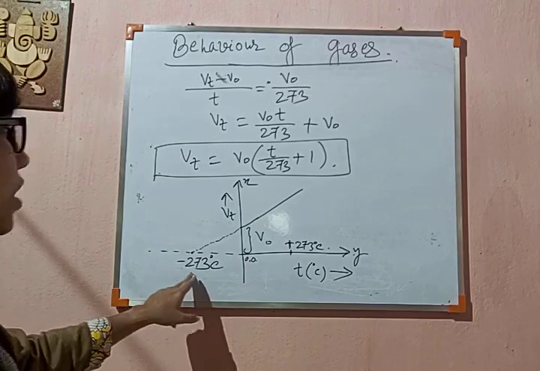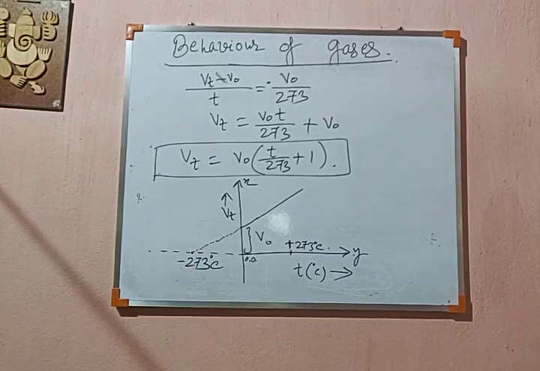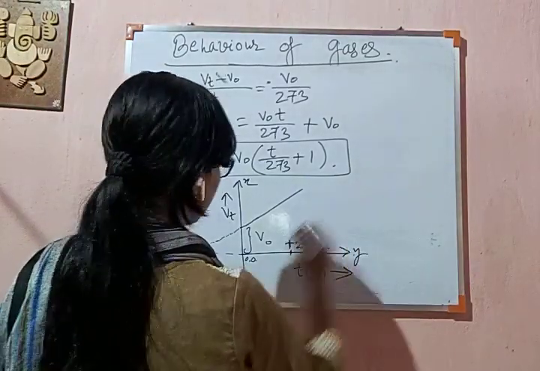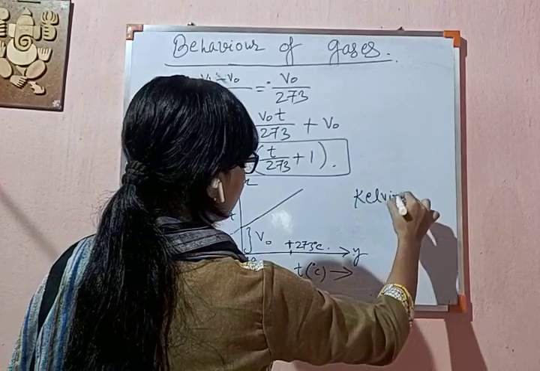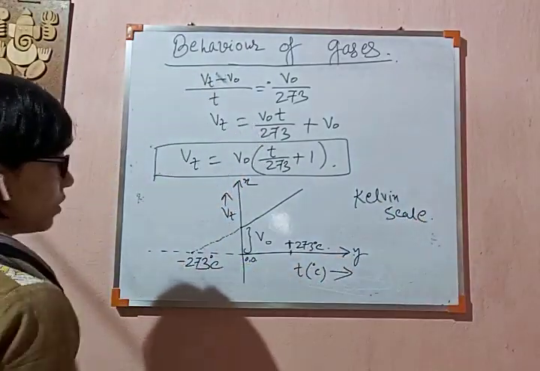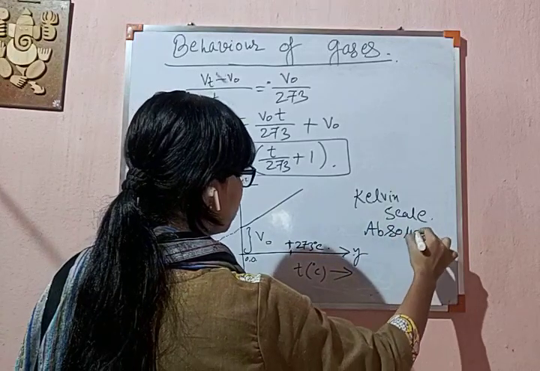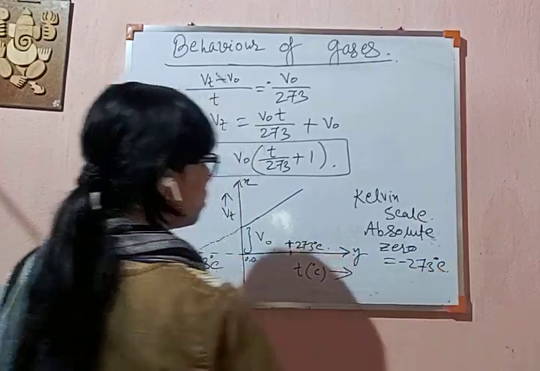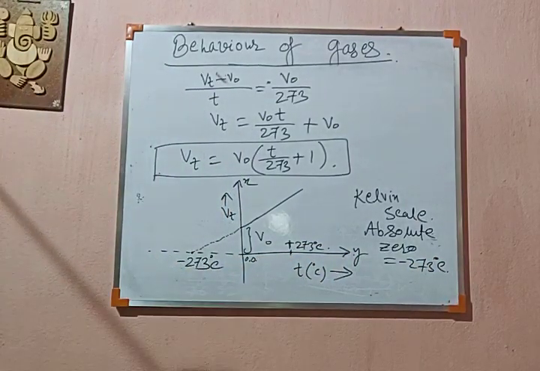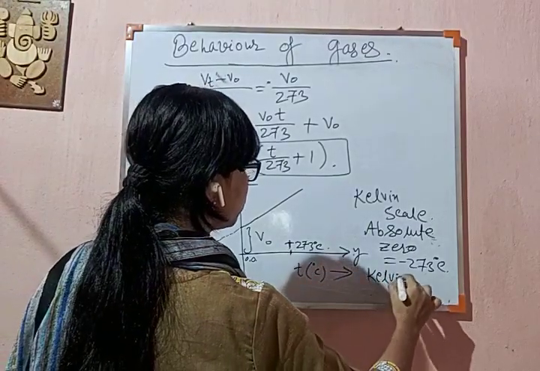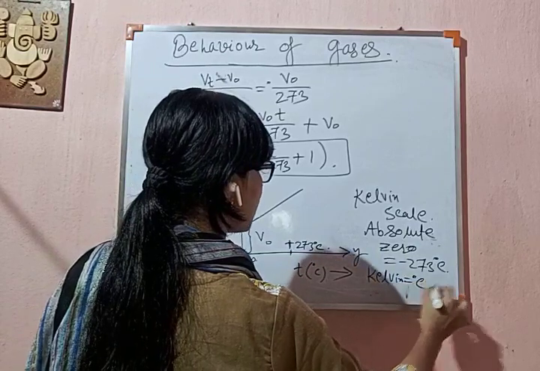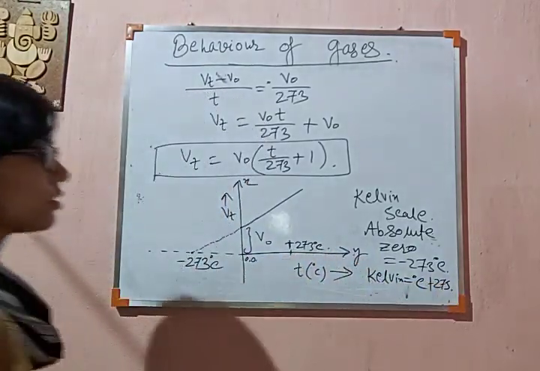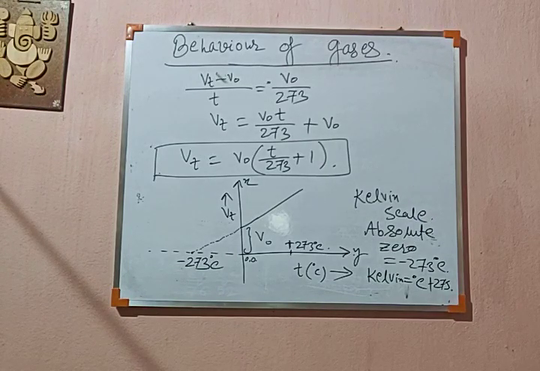Absolute zero equals minus 273 degrees Celsius, and the idea of the Kelvin scale was obtained from this graph. So Kelvin equals degree Celsius plus 273. This is the relationship between the Kelvin scale and the Celsius scale.